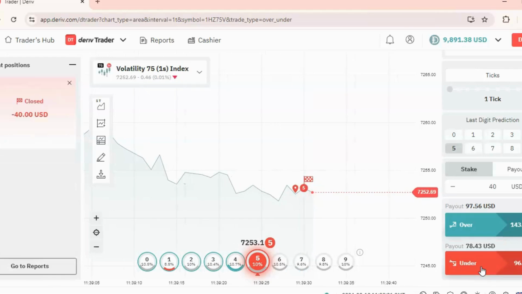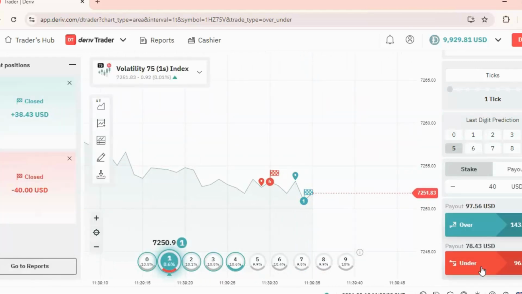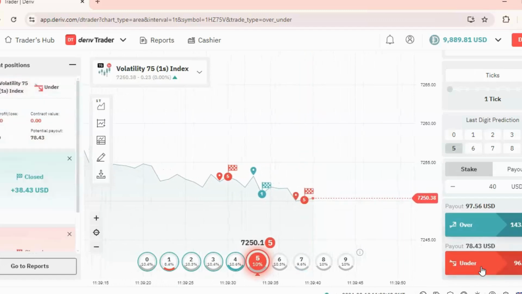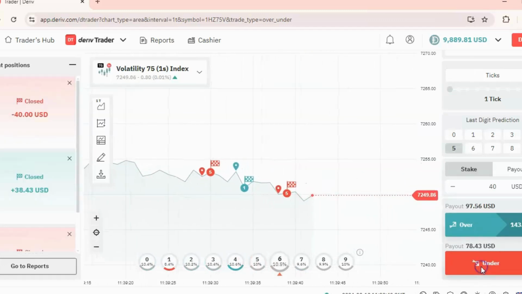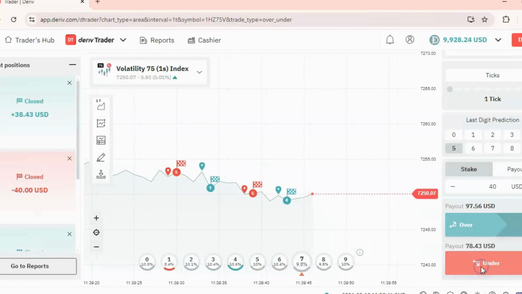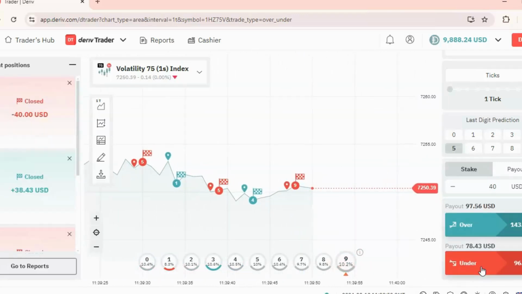I'm a bit late, so it's okay, let me wait. 7. So sometimes it's usually delayed. I don't know why, but my internet is a bit slow. 7. That's why using a bot is a bit better.